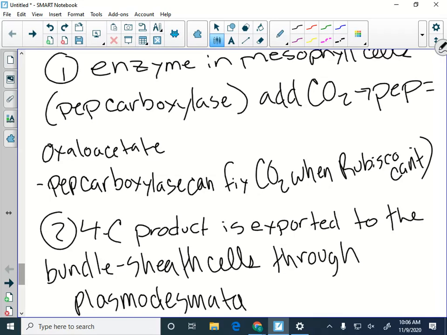So this allows the stomata in the mesophyll cells to stay closed. If our mesophyll cells don't have their stomata open, that means we can't lose water from where the light reactions are taking place, which is what needs the water in the first place. So by closing all the mesophyll stomata and only opening the stomata in the bundle sheath cells, we've minimized the amount of water that can leave the cell.